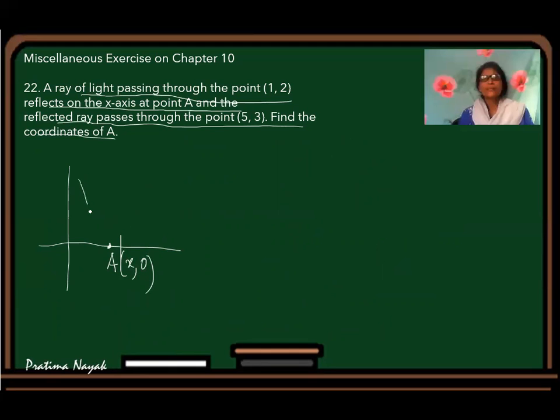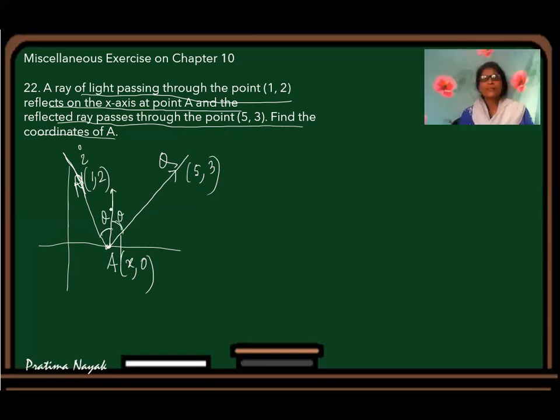It is given that this is an incident ray passing through (1, 2). This is the incident ray, and it is reflected back. You know the laws of reflection. It will make the same angle with the normal, and it is returning back, passing through (5, 3). P, Q, and A. So the angle of incidence is the same as the angle of reflection.